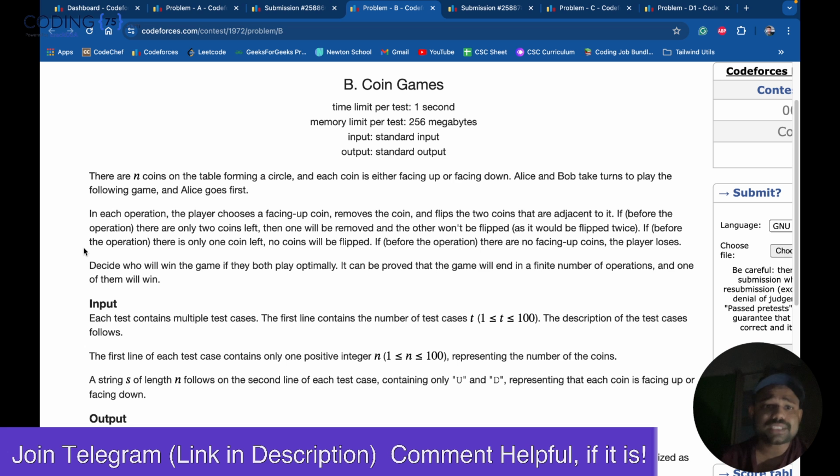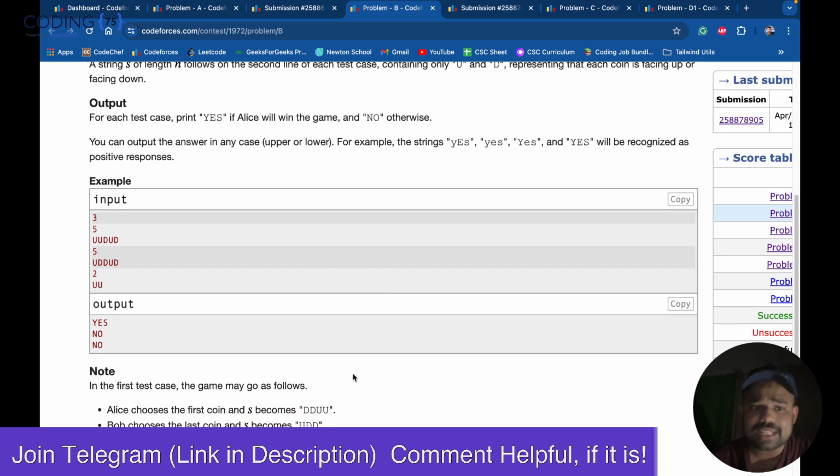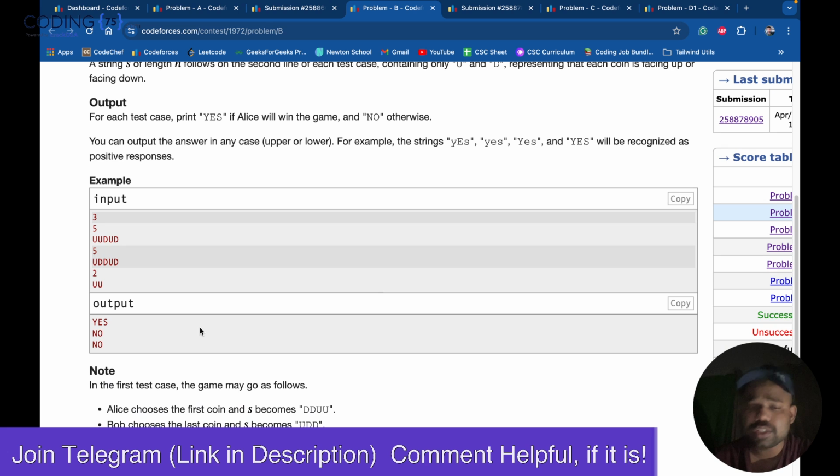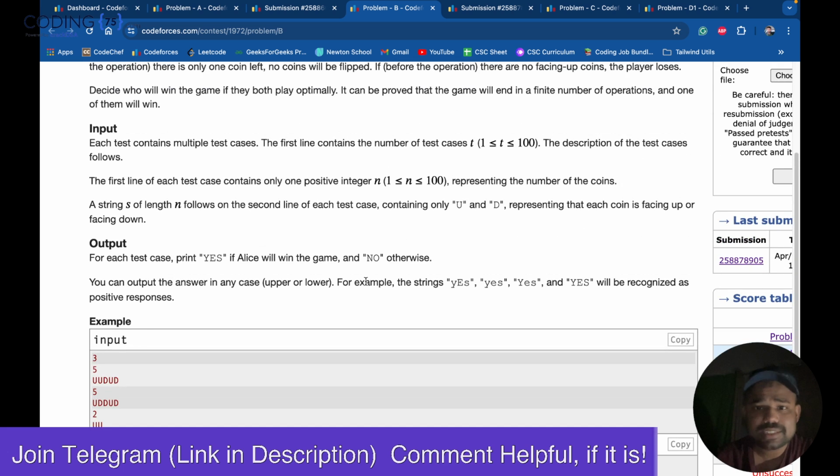The coins adjacent to it will be flipped. And if a person gets a turn and is not able to make any move, means there is no coin facing up, that person will lose. So you have to simply tell whether Alice will lose or Bob will lose. You have to print yes if Alice will win, and print no if Bob will win. That is the question, right?